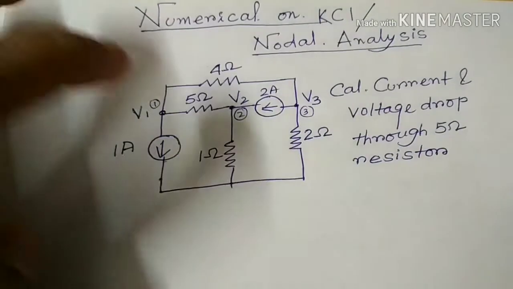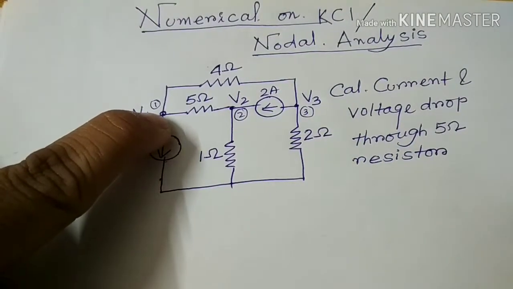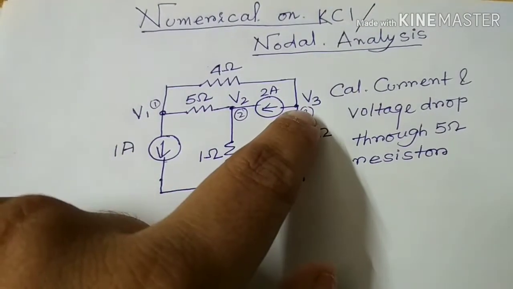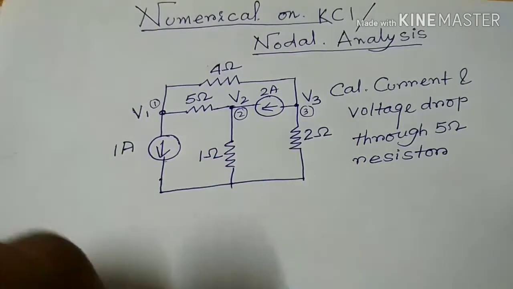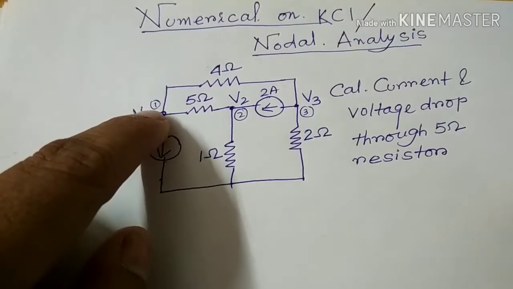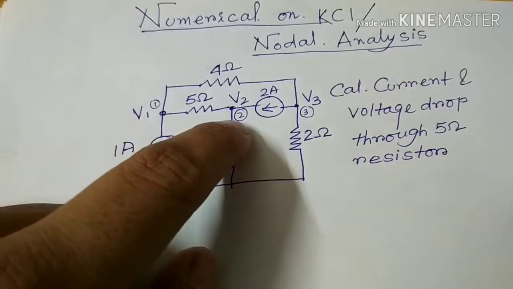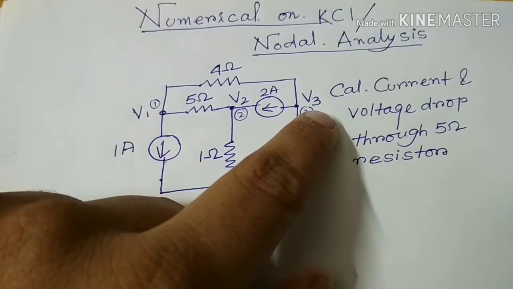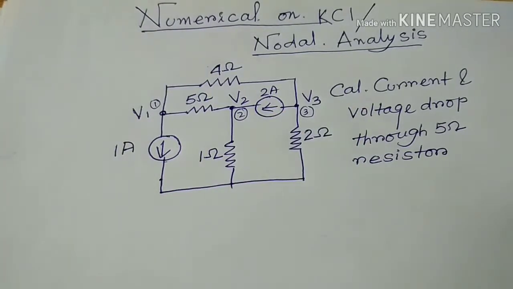In this circuit diagram we see that this is one node, this is the second node and this is the third node, and we assume that the voltage at the first node is V1, the second node is V2 and the third node is V3. So we need to write equations with respect to node 1, node 2 and node 3.